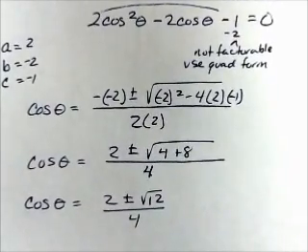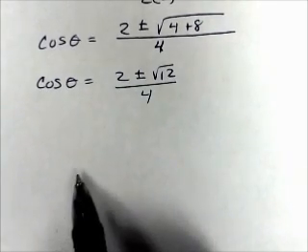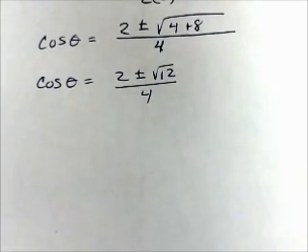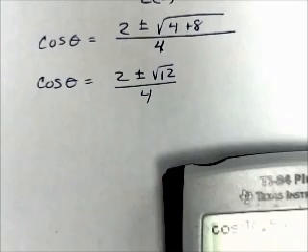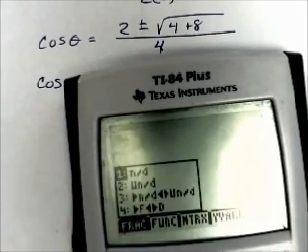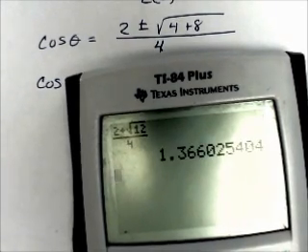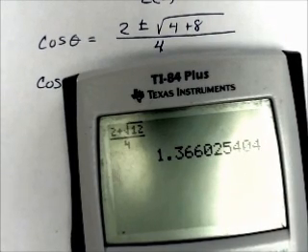Again, don't worry about simplifying anything. Just go right to the calculator. All right. We're going to key in 2 plus the square root of 12 divided by 4. 1.3660 to 4 decimal places.